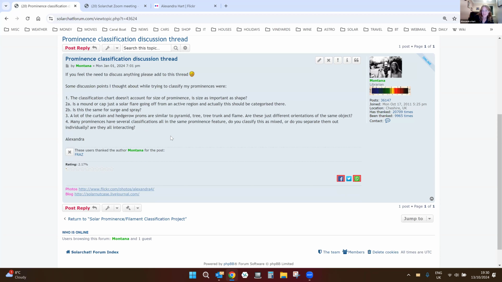Can we get this into a tree? Can we get this structured? Can we think of names and everything? Because you hear all of these things going around. But the classification that I've done doesn't account for size of the prominence. So is size important, as is shape?